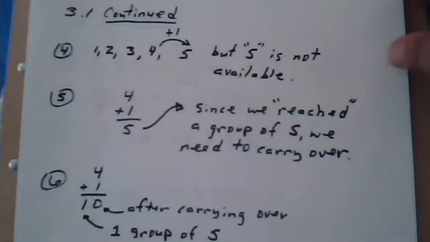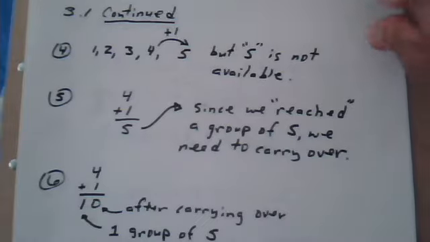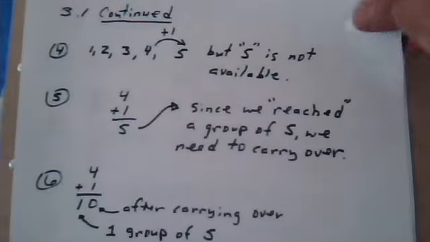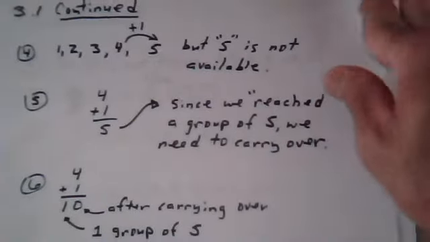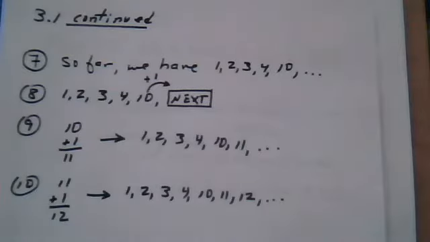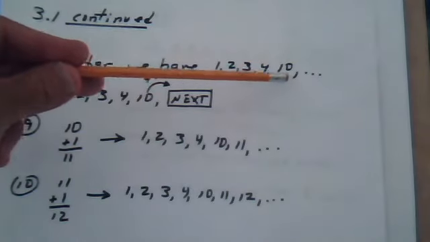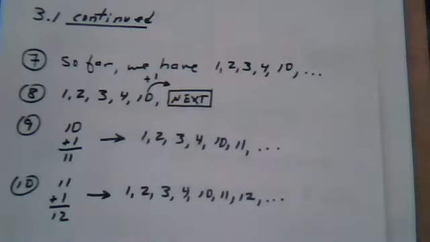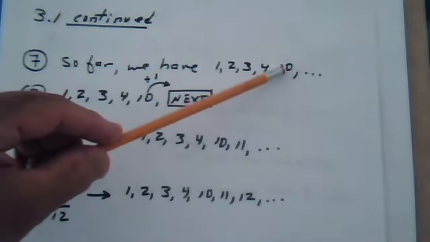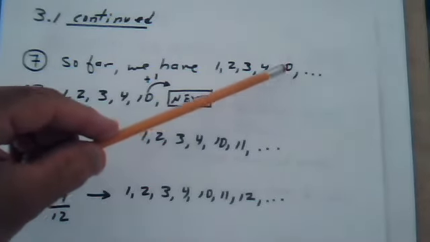So the number after 4 in base 5 looks like this. We would say, well, that's a 10. Yeah, that's in base 10, but this is base 5. That's the way a 5 looks in base 5.